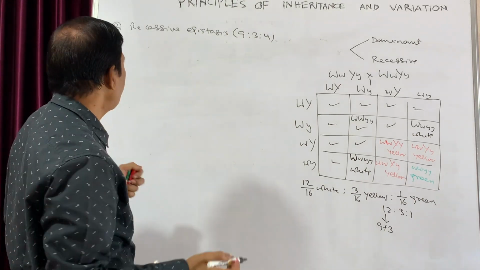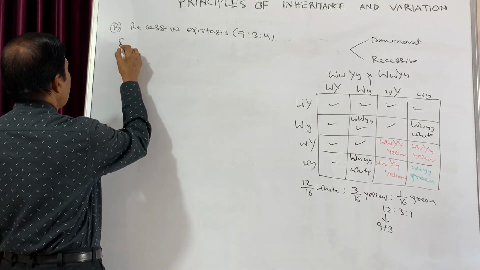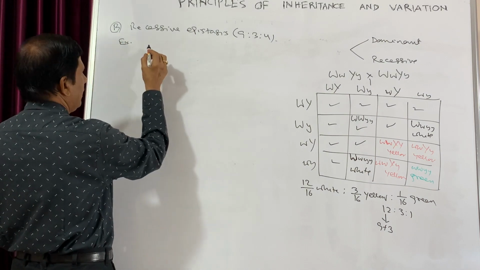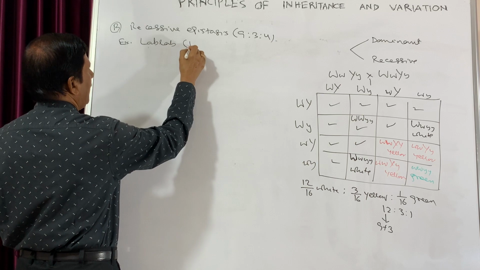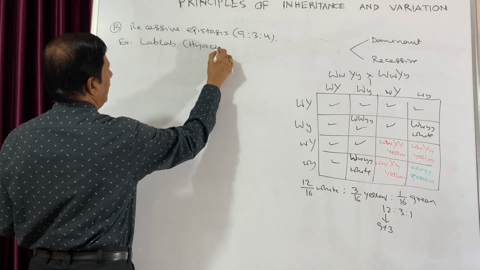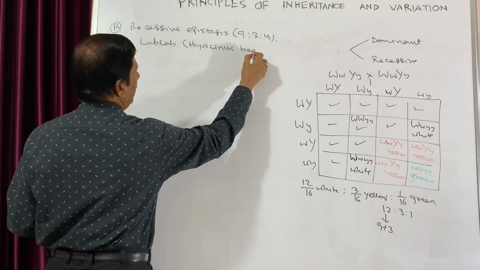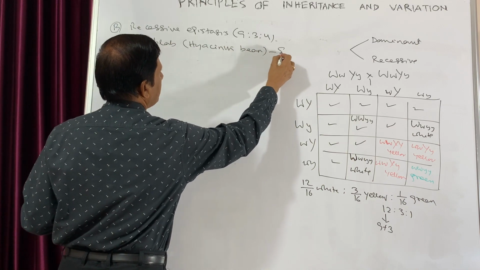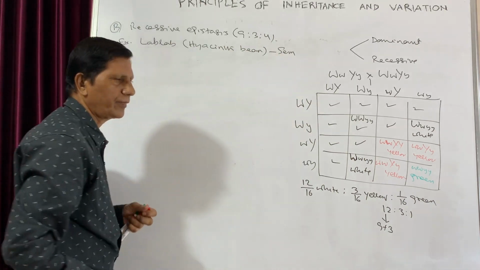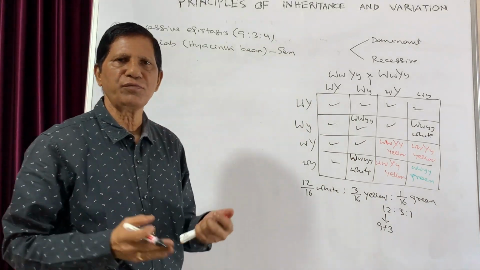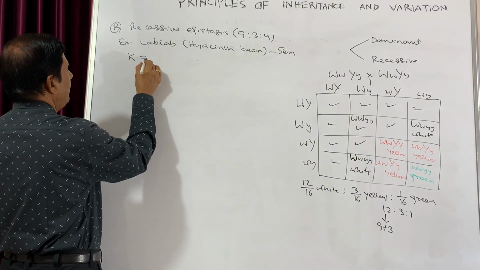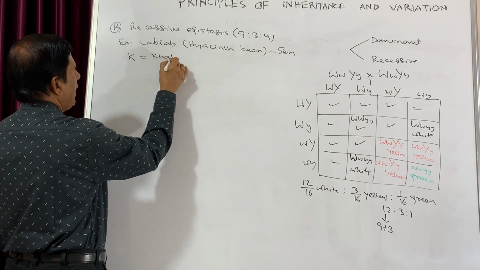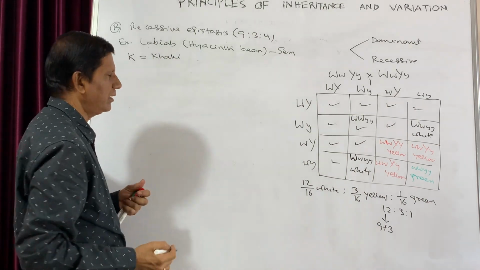Now, one of the very common examples of this recessive epistasis is the lab lab, or you can call it a hyacinth bean. Hyacinth bean, commonly it is known as sem. In this case, there are different fruit colors, and when capital K is present, it is responsible for khaki color. You know khaki color.